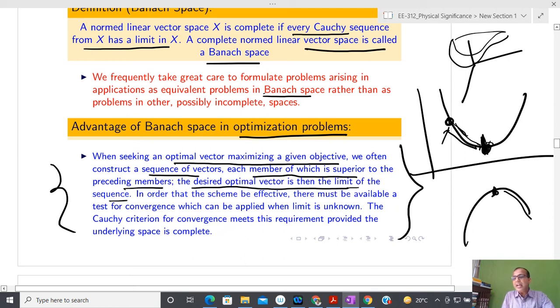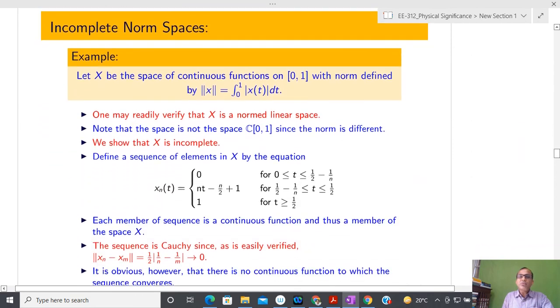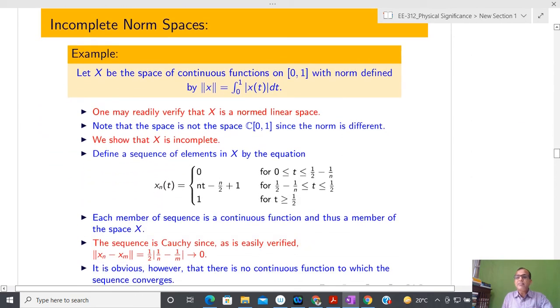Okay, so whether we are talking about maxima or minima, that should be the limit of the sequence. And due to that reason, if I assume that the underlying space is a Banach space, I can start with any sequence, and finally I can converge to the desired point. Okay, so now I hope that you are able to understand the relation between these two.